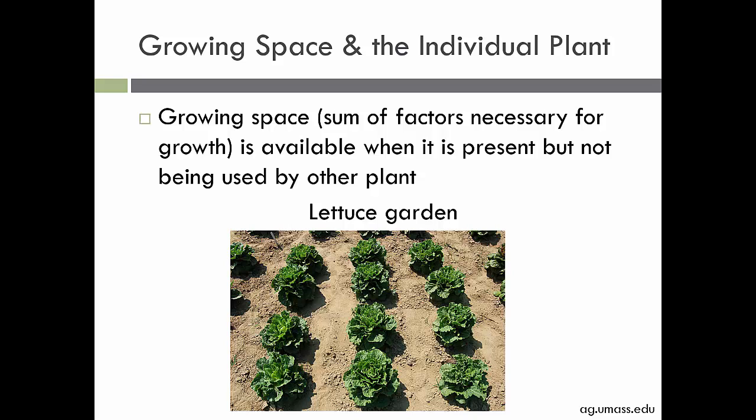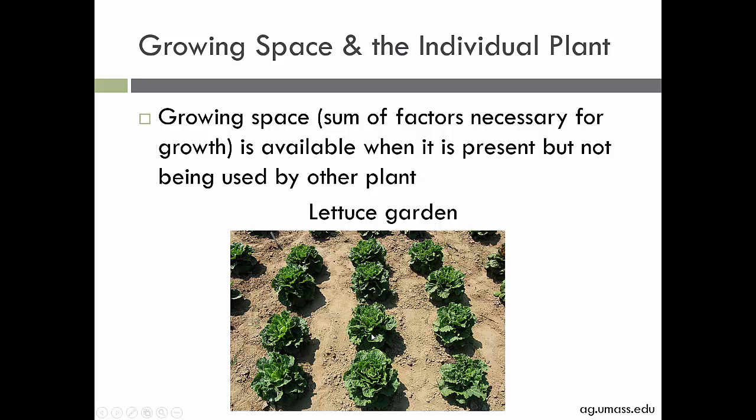So let's think about it as a garden. And when we first plant our garden, we often plant pretty far apart, right? If we think about these lettuce plants, when we planted the lettuce seed, super small, we planted them pretty far apart, and when they sprouted, they were just tiny little sprouts that came up.